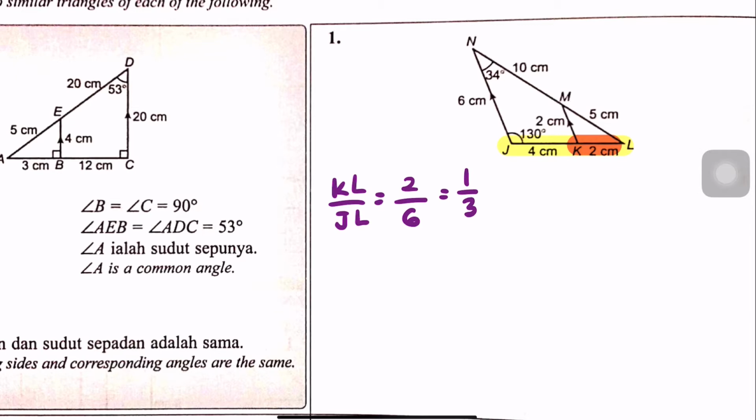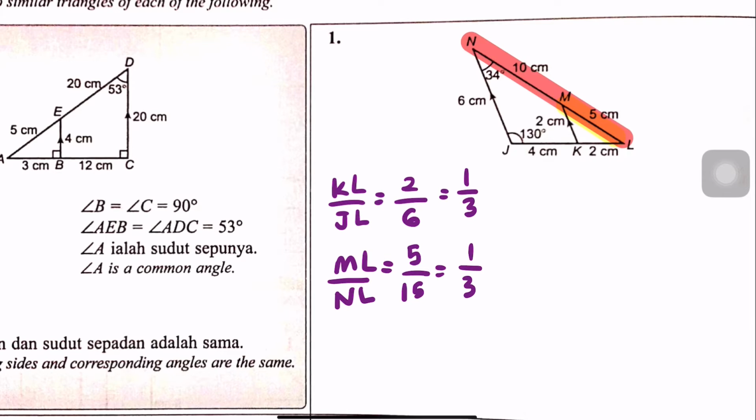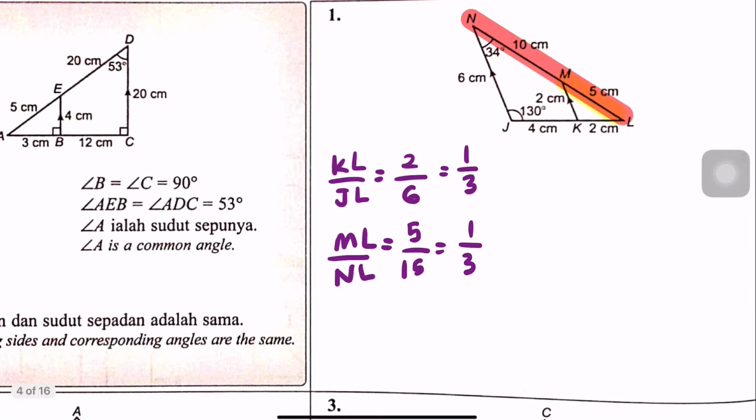Next, I want to check ML and NL. So ML over NL is 5 over 15, which equals 1 over 3. And the last one I want to check. If possible, you try to check all the sides.